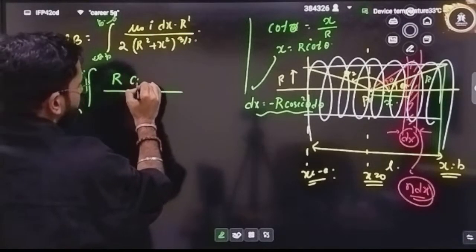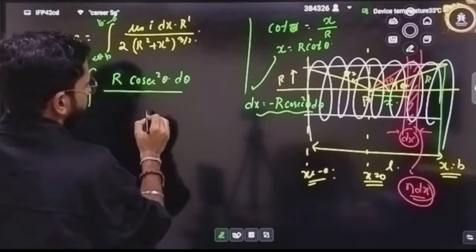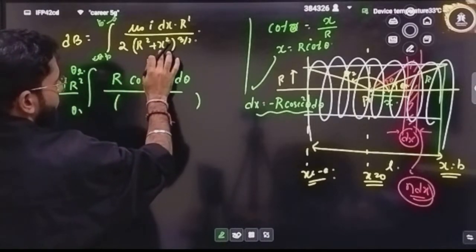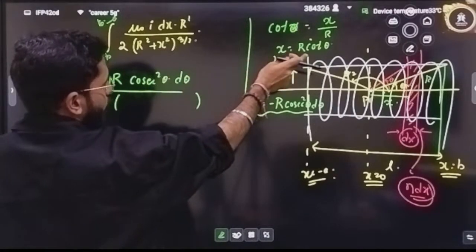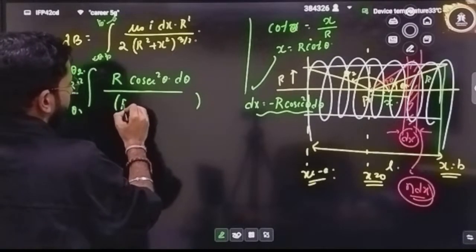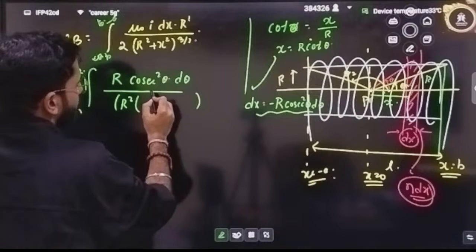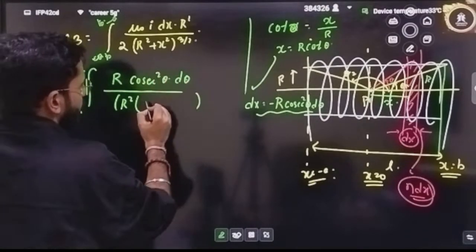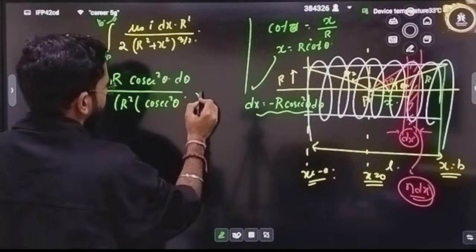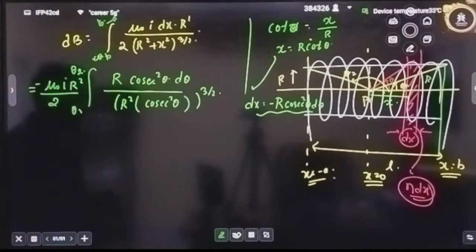You are going to write r cosec square theta d theta, divided by, here in place of x, what are you going to write? r square cot square theta. That means you are going to take r square common from here. Take r square common. Inside what will be left? Inside it will be left as 1 plus cot square theta. 1 plus cot square theta is nothing but equal to cosec square theta, and the whole power is 3 by 2. Correct?